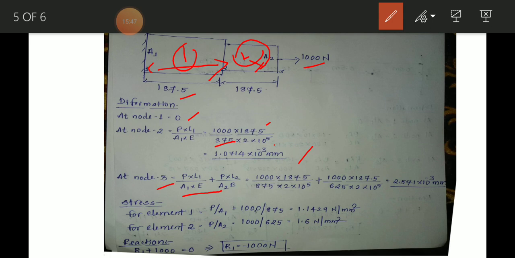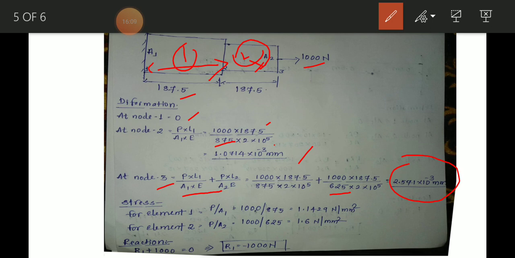P is constant, 1000, into L2 is 187.5 divided by A2, which is 625 into 2 into 10 raised to 5. So this is the deformation, that is 2.571 into 10 raised to minus 3.